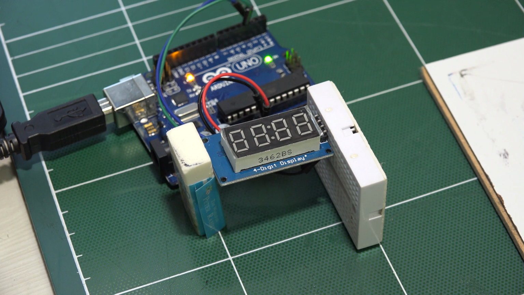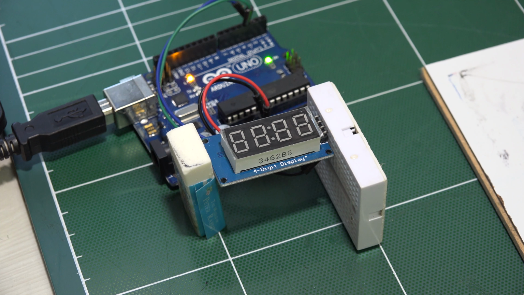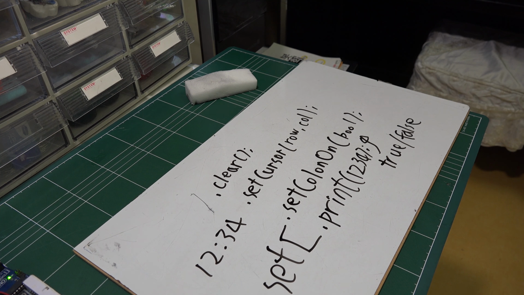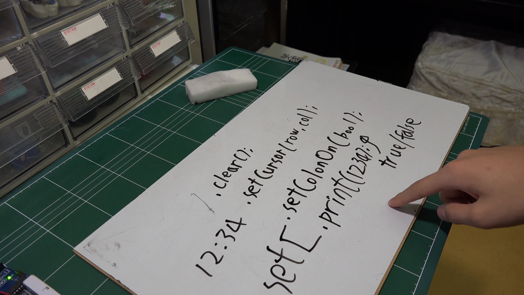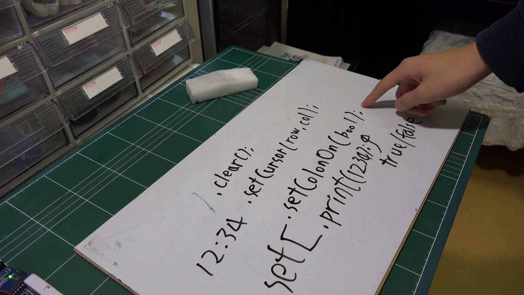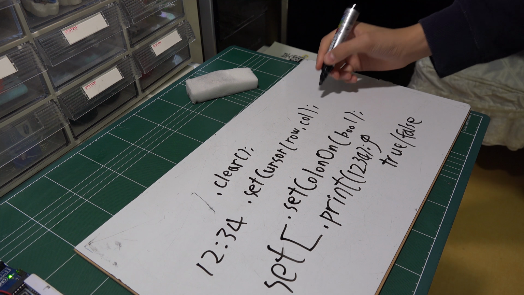However, when writing this set colon function, you can only use this function when the cursor is 0.